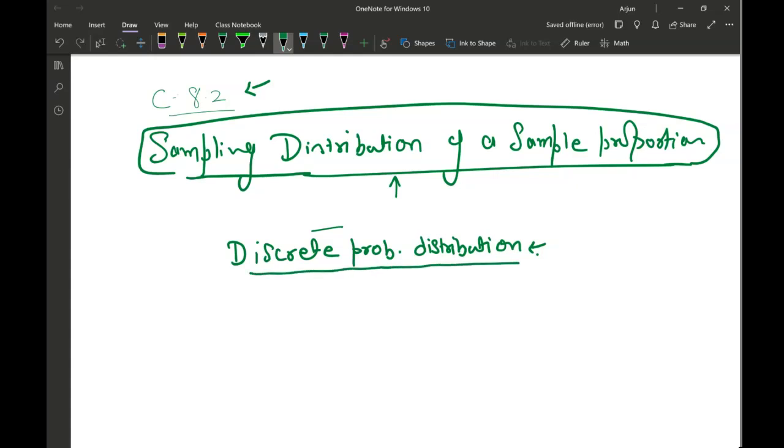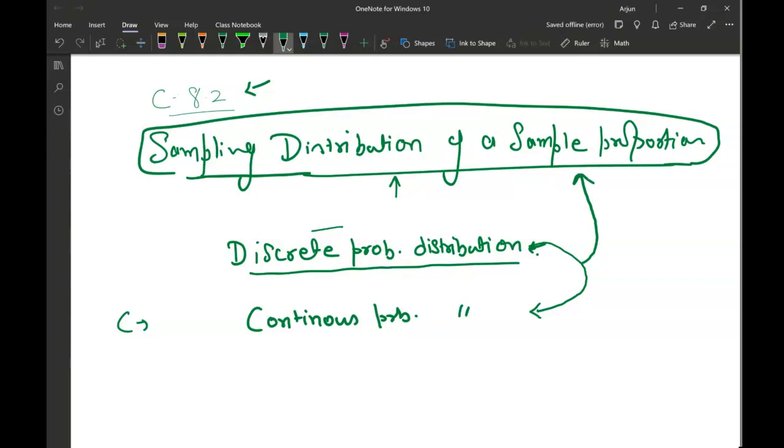After that, in chapter 7, we talked about continuous probability distribution. Now, if I wanted to convert discrete probability distribution into continuous probability distribution, then I need to study the sampling distribution of a sample proportion.